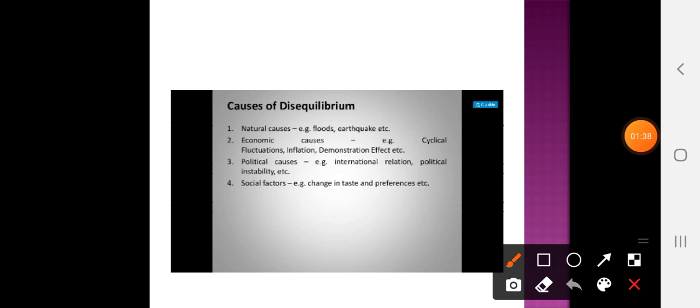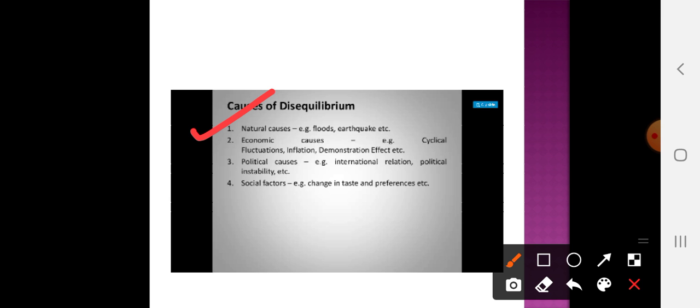So what are the causes? First one is natural causes. What does it mean? Natural causes are the causes which arise due to natural calamities, it can be earthquakes or floods. Even today's pandemic, whatever we are facing, can be treated as a natural cause.